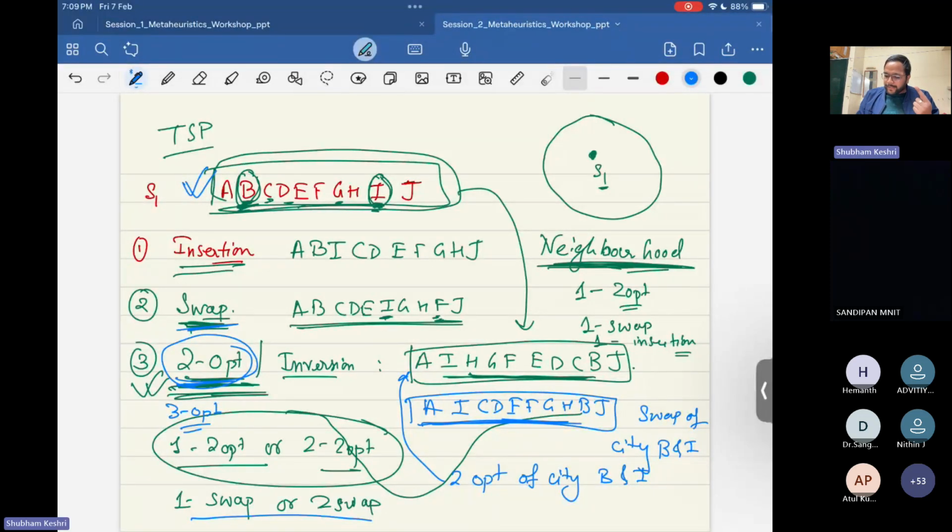So you see, when you are saying neighborhood, those solutions are close to one another, right?